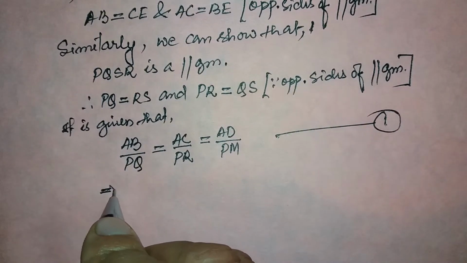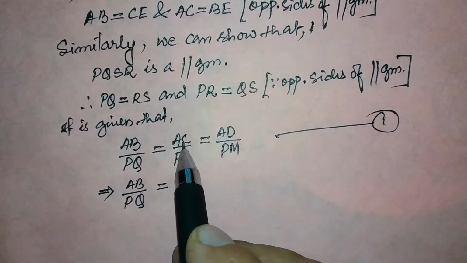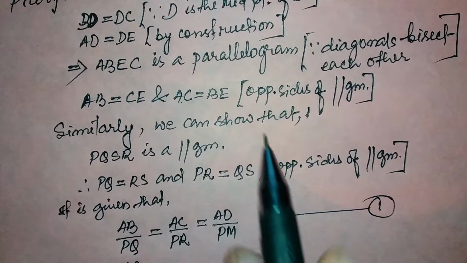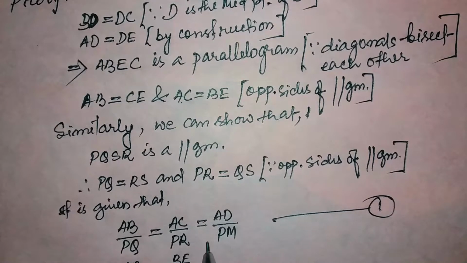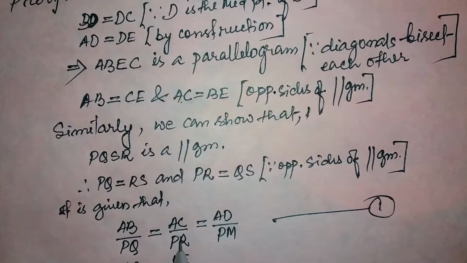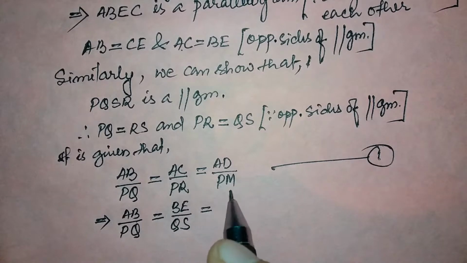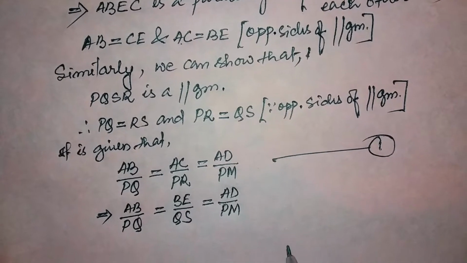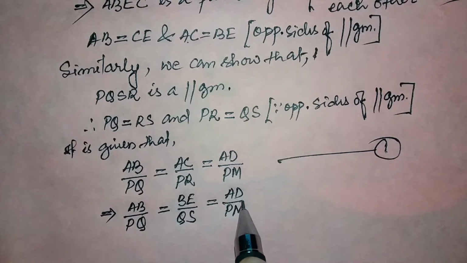Now in this, AB by PQ is equal to AC by PR. AC is equal to BE, so in place of AC we're going to replace it with BE, and in place of PR we're going to replace it with QS, is equal to AD by PM. And here there is something we can do.